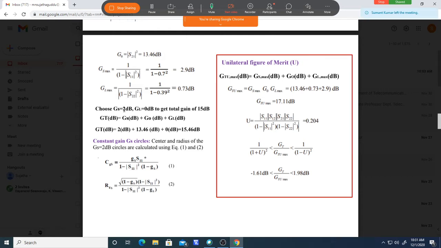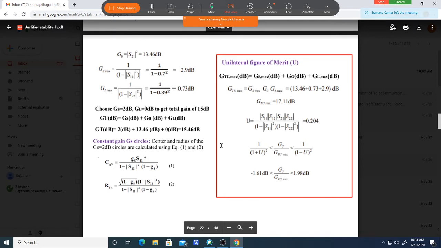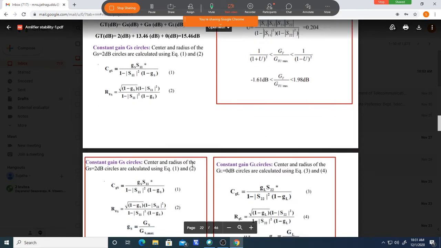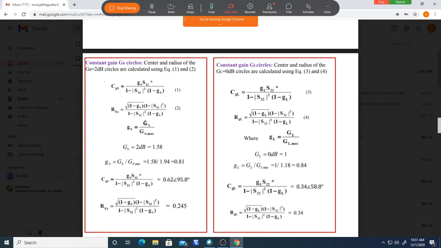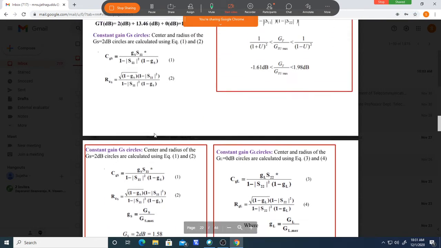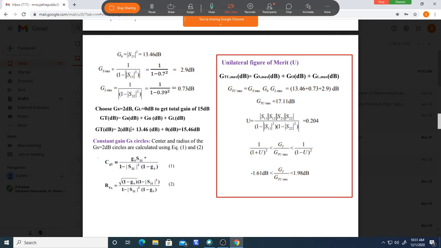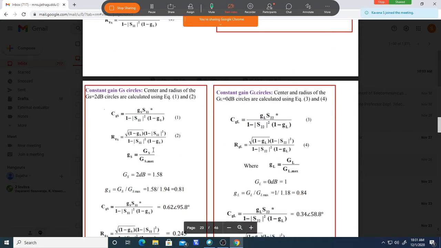So in the small GS calculation, we did 2 dB divided by 2.9 dB in the high gain amplifier design, because we chose GS equal to 2 dB, and we got 1.58.